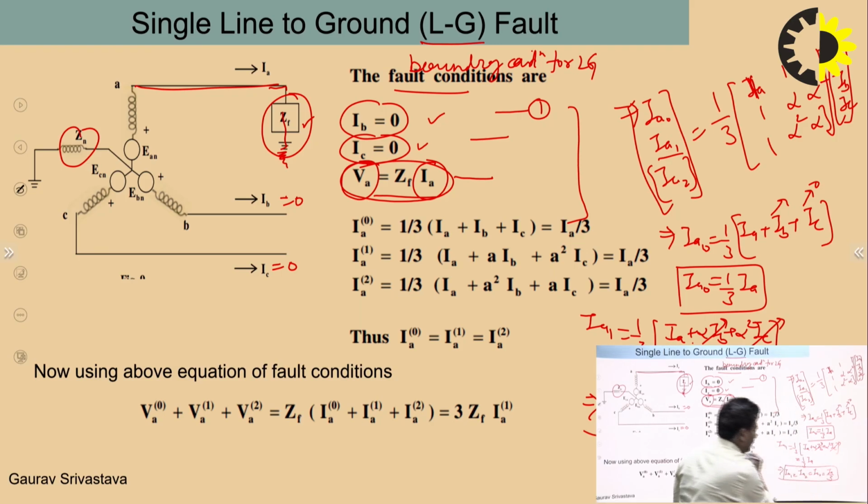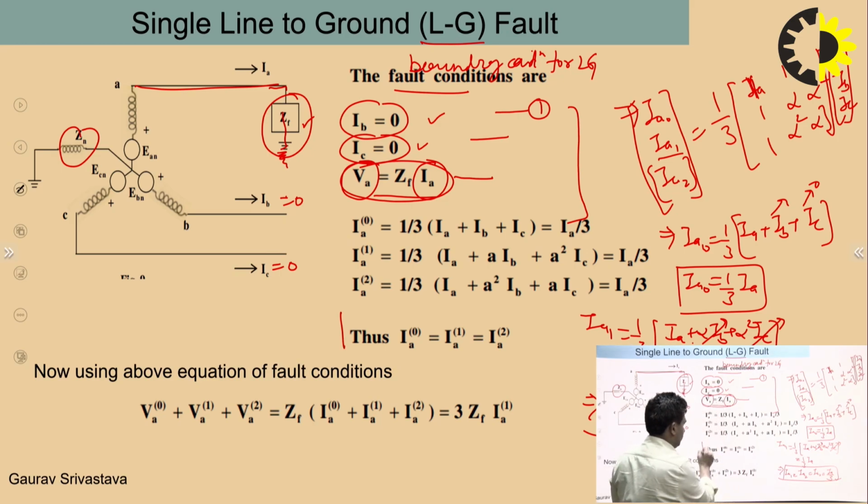That is the relation we have found: all three components are available in the circuit, the positive sequence current, negative sequence current and zero sequence current, and each value is given by IA by 3. Now these equations become this.